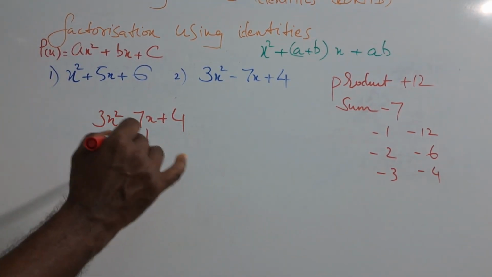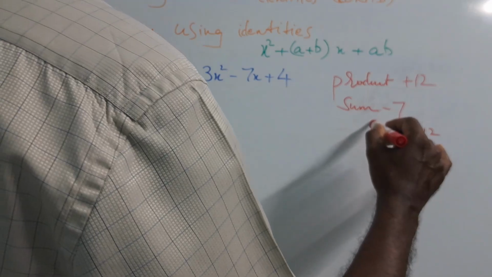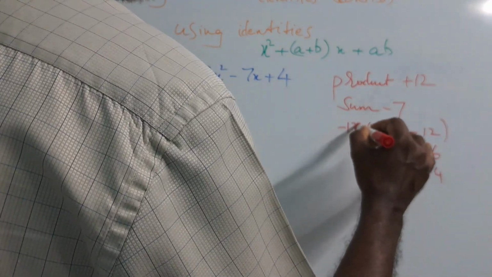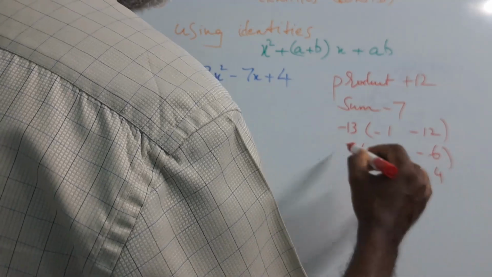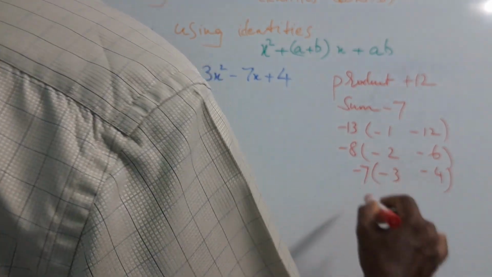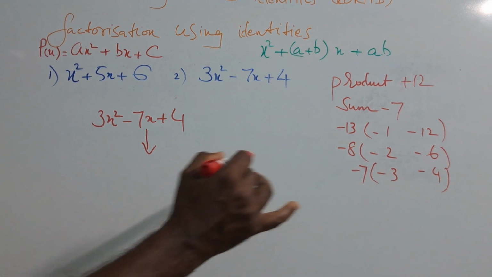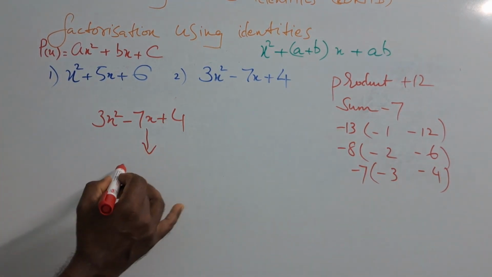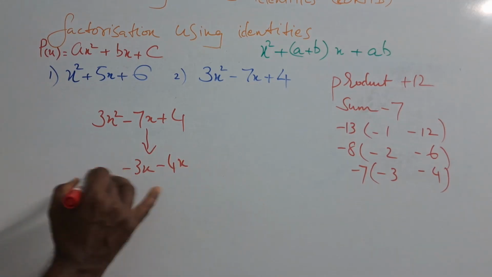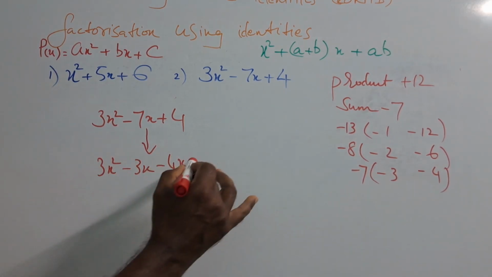Now we need to pick out the suitable pair. When you add these two, you get minus 13 here, minus 8 here, minus 7 here. This is what we need. So we split this term as minus 3x minus 4x: 3x square minus 3x minus 4x plus 4.